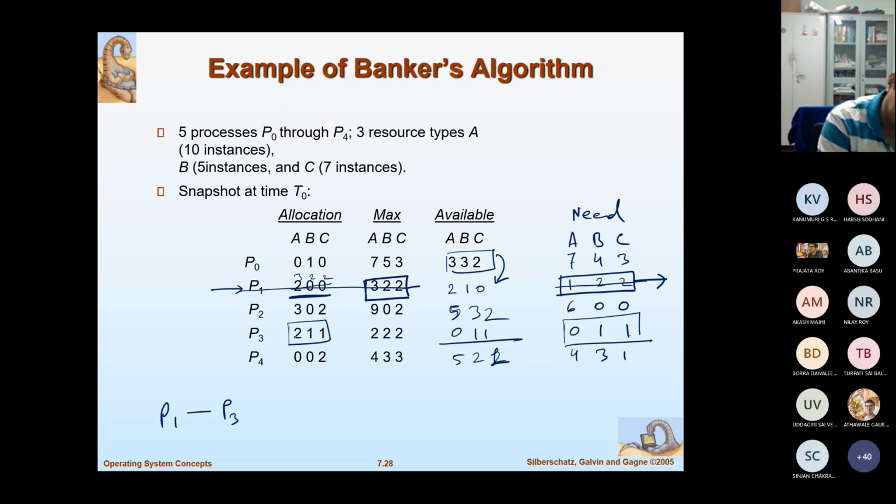Add the allocation here, 222. The new available is 743. So P3 will be completed in finite time and its allocation will be added here. So the new available is 743, and P3 no longer exists.